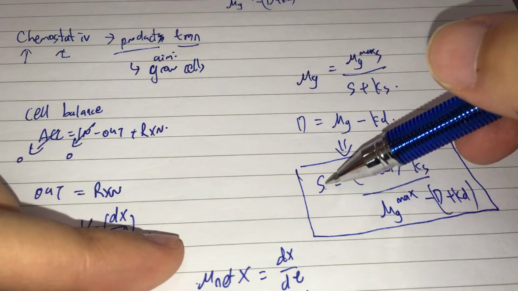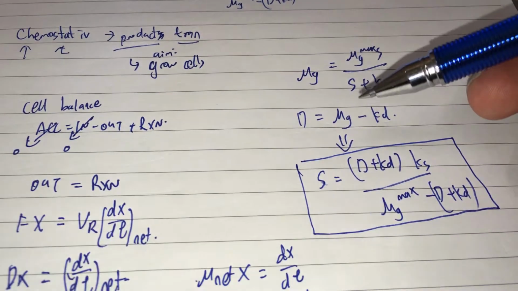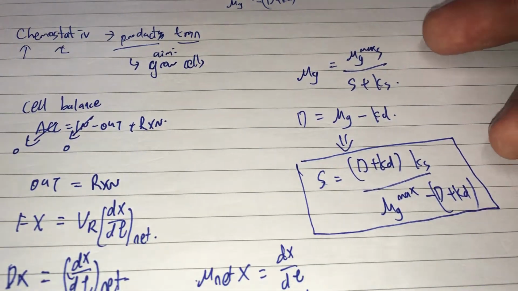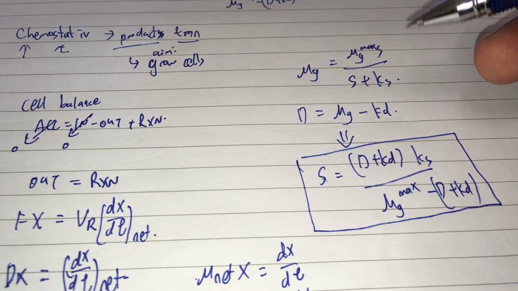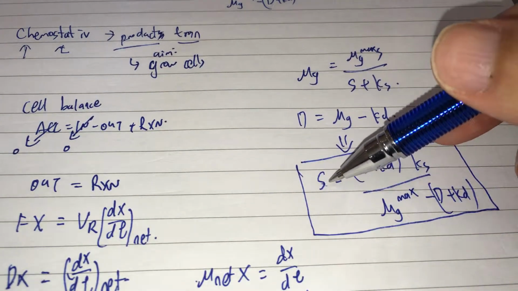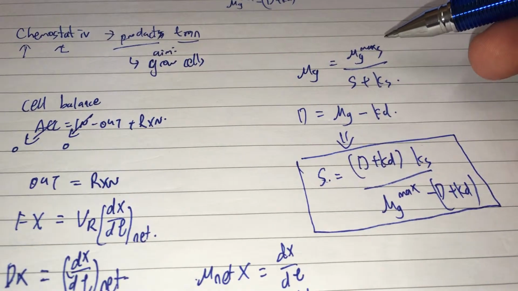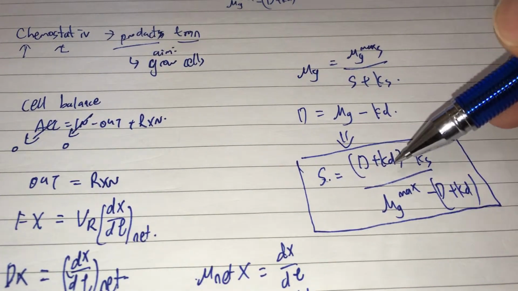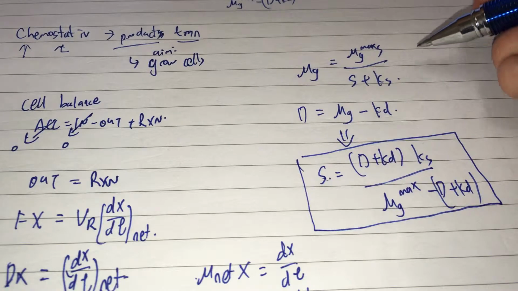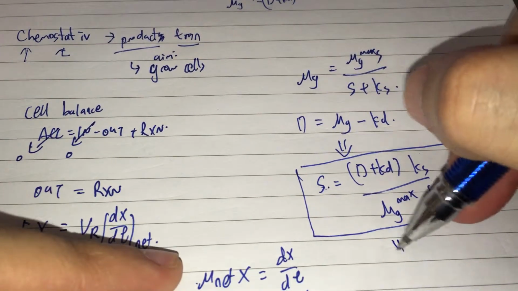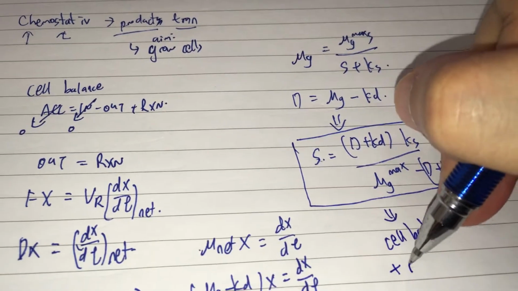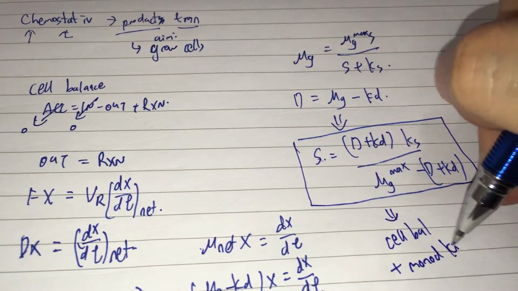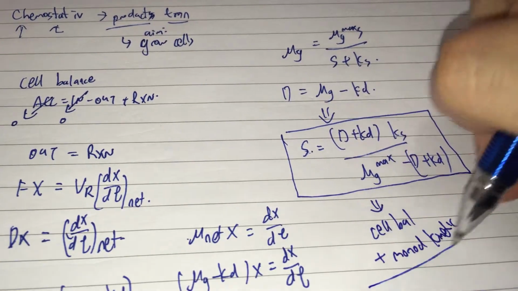The steady state concentration will change due to the output of products being generated, but the relationship between the steady state concentration of substrate and the growth and dilution rate doesn't change. This is a constant.